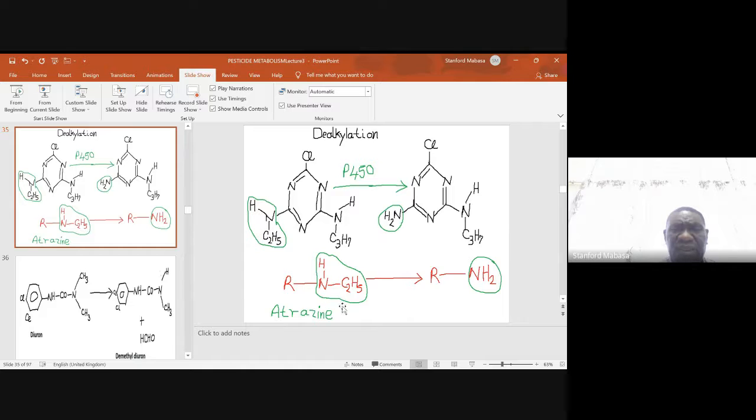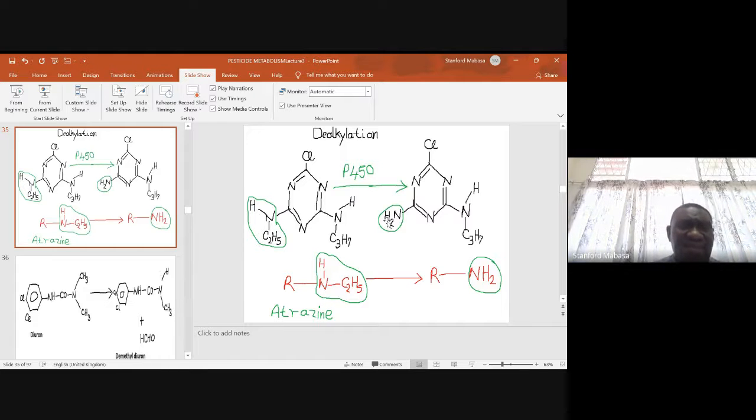We can simplify this bit, the N-dealkylation, so that we create an amine. Instead of cytochrome P450, it's now being thought that an enzyme known as DIMBOA is responsible for these changes, or the dealkylation process in atrazine.